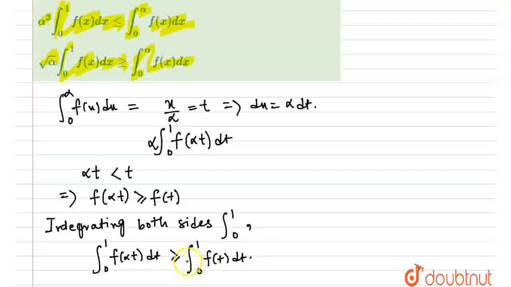Now what we need to do is just multiply alpha on both sides. Since alpha is positive, it would not reverse the inequality, and this would make it look like this.